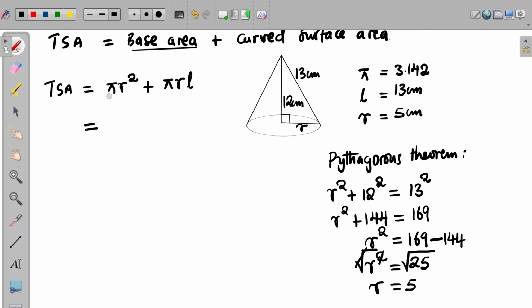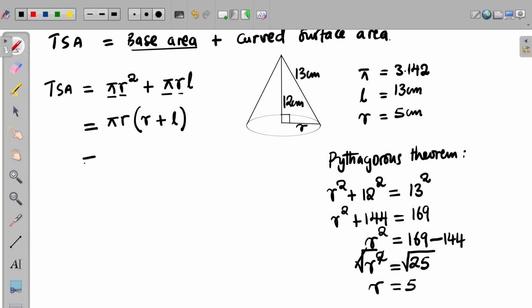Pi and r are common in both terms, so factor them out. Then open brackets: you remain with r plus l, close brackets. So this is the formula for total surface area of a cone.